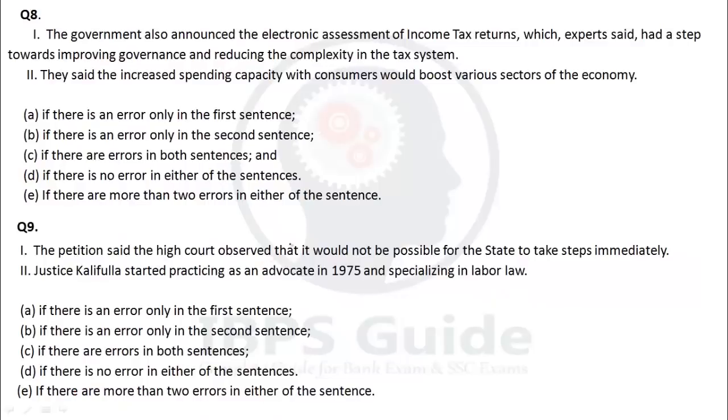The government also announced the electronic assessment of income tax returns, which experts said had a step towards improving governance and reducing the complexity in the tax system.